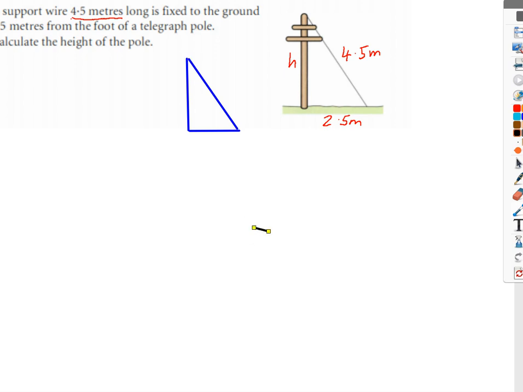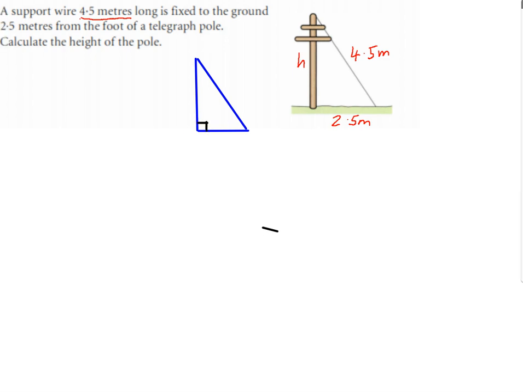It means that you can write it out the way it is and then have the confidence that you've laid things in the right place. So I'll pull across our measurements. H, 4.5 metres, 2.5 metres.